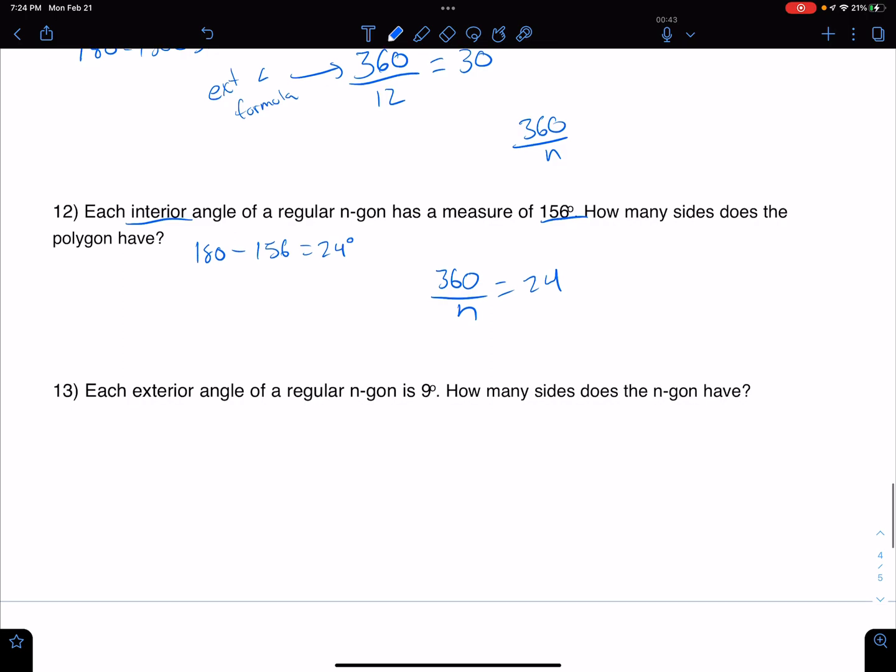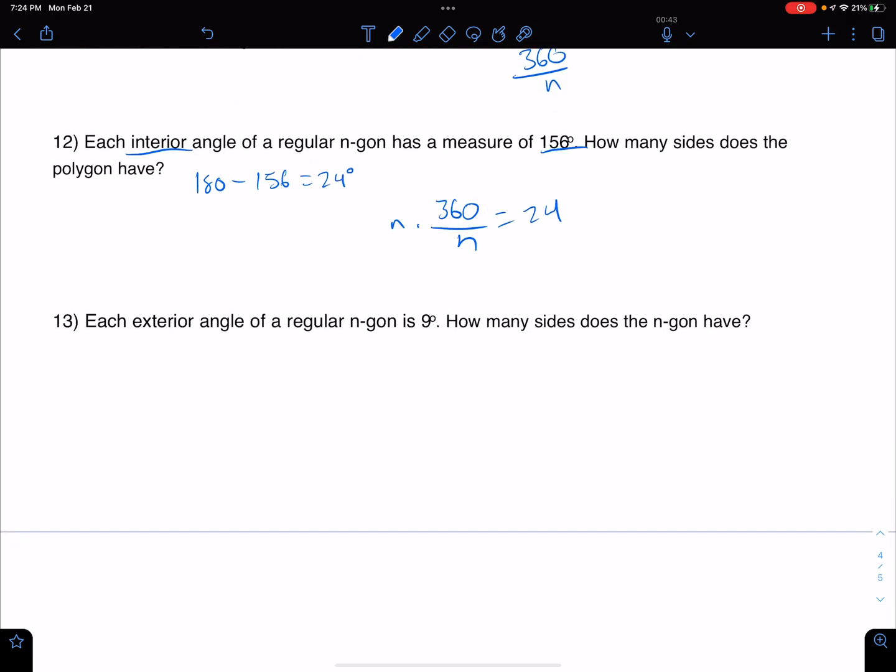I can rewrite that by multiplying both sides by n. So 360 equals 24n. So n equals 360 divided by 24, which is 15. So n is equal to 15.